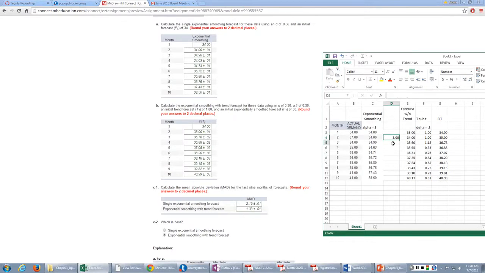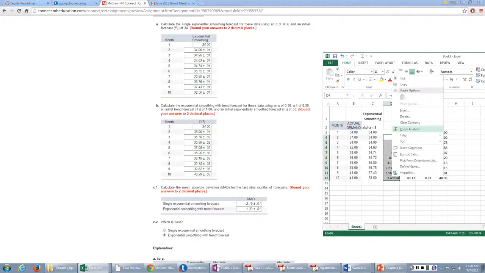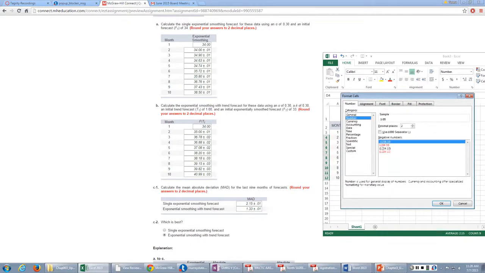Now I'm going to do another one. Again, it's the absolute value of the difference between the actual and the forecast, and we can just copy that down. I'm going to format these all to be 2 decimal places: format cells, number, 2.